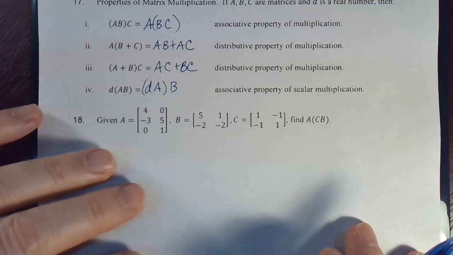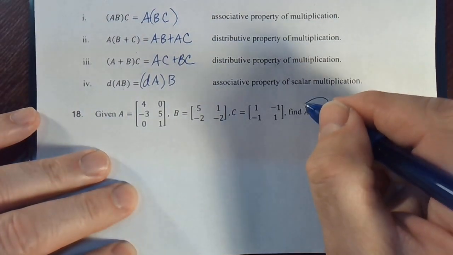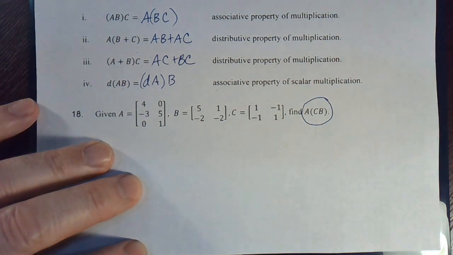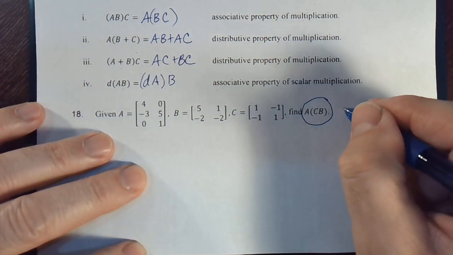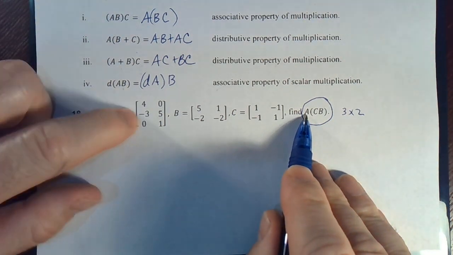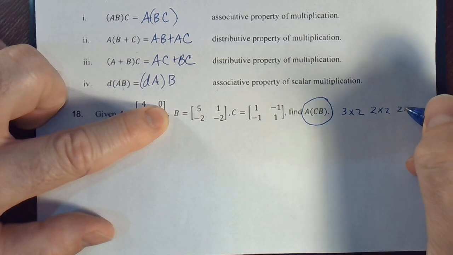All right, so we are asked here to find, with these three matrices, A times CB. Now I'm going to write way over here the dimensions of these matrices. A is 3 by 2. B is 2 by 2. And C is 2 by 2.